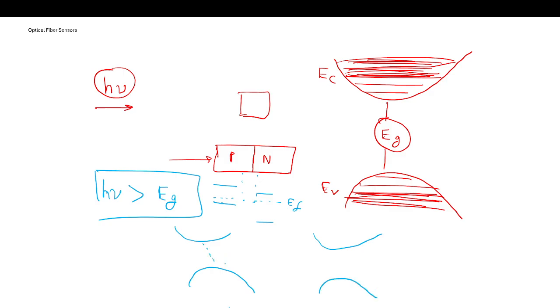You can see here, indirect here, direct. Now what we need to discuss is, as we know, the photon energy should be greater than this.